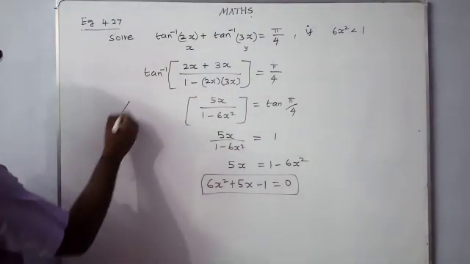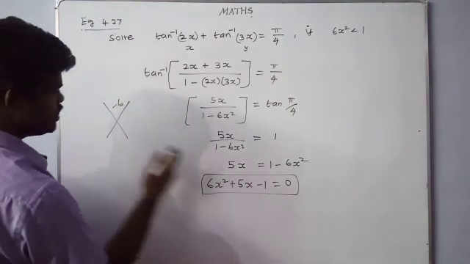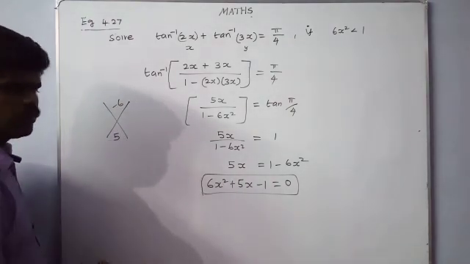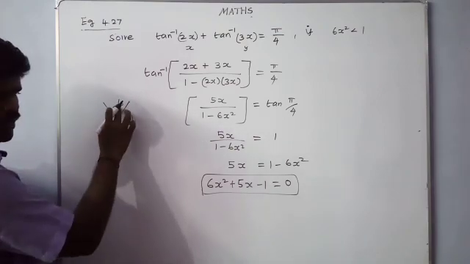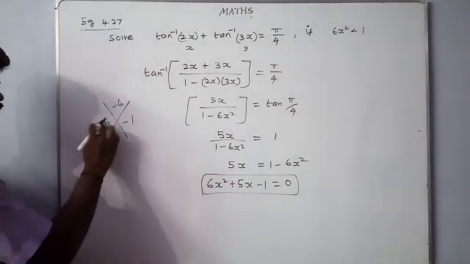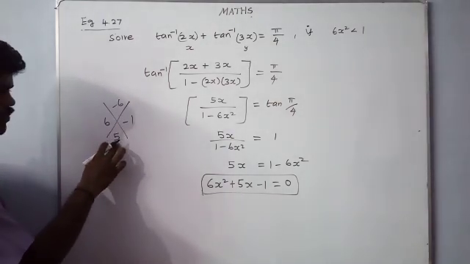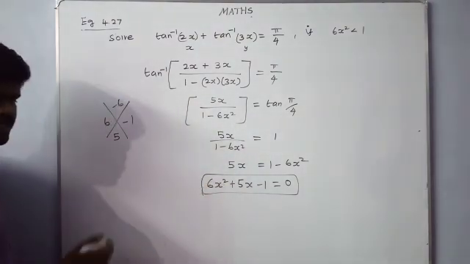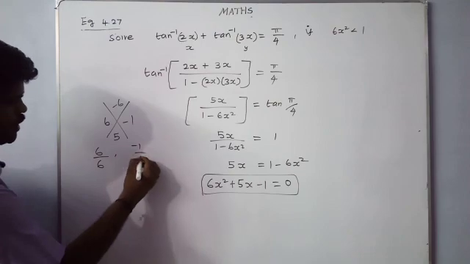We want to factorize this. 6 into minus 1 is minus 6, and this is 5. So what are the roots? 6 and minus 1: 6 into minus 1 is minus 6, and 6 minus 1 is 5. Here the leading coefficient is 6, so divide the two terms: 6 by 6, comma minus 1 by 6.